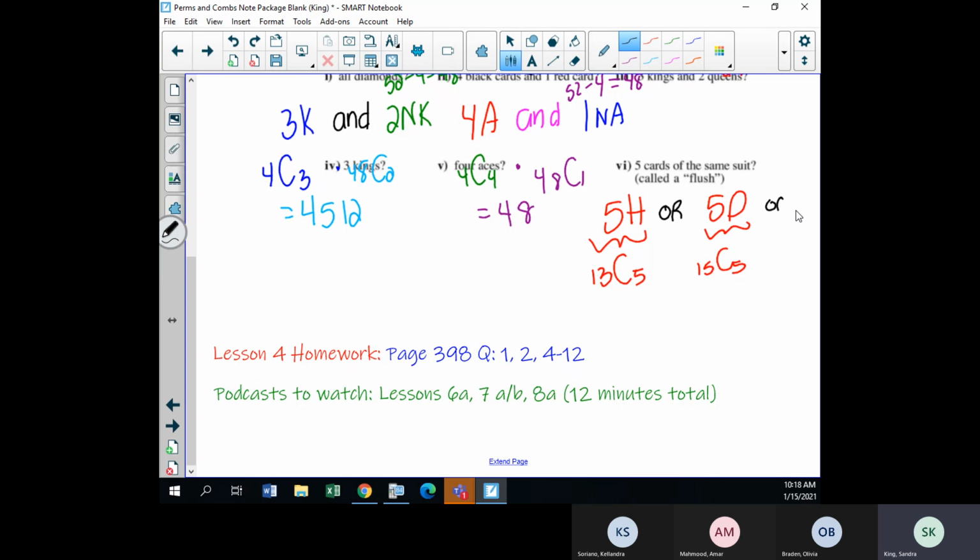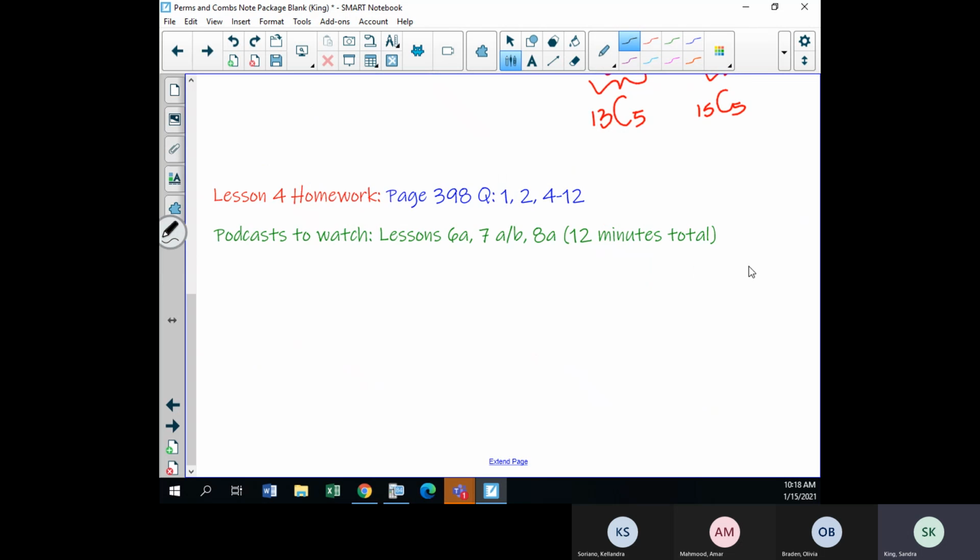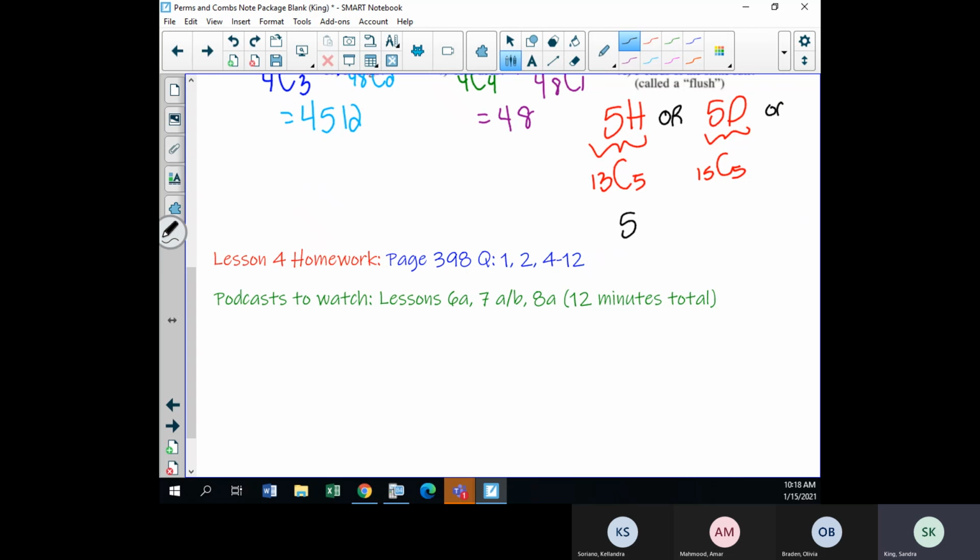Yeah, 5 spades. So 5 spades, and you would say there's 13 spades, choosing 5 of them. Or the last possibility is your flush could be, what am I missing? Clubs, 5 clubs. And there's 13 clubs, choosing 5 of them.